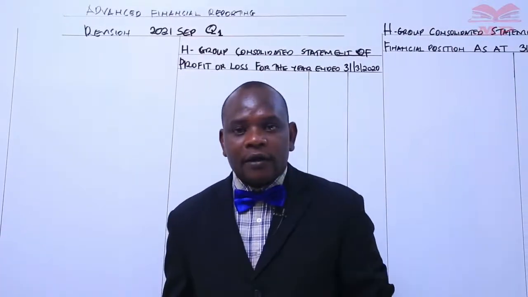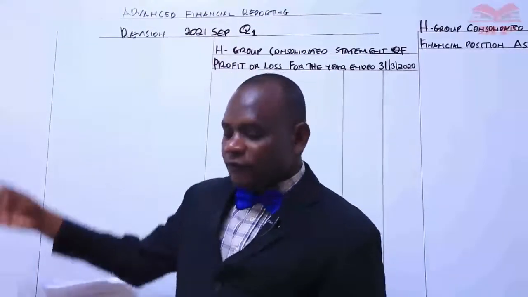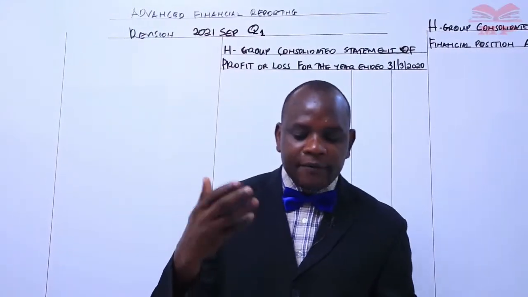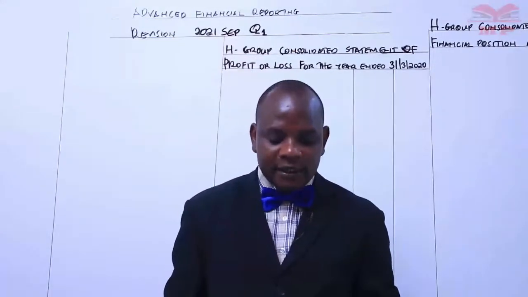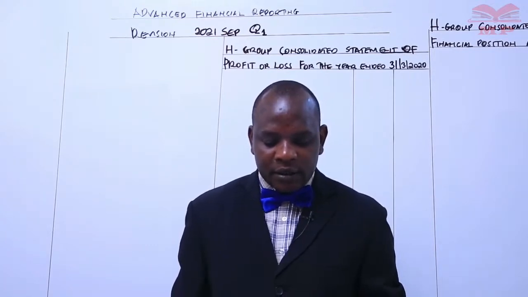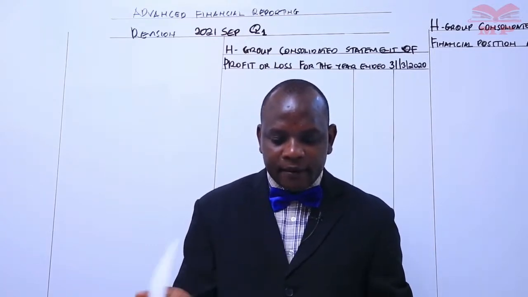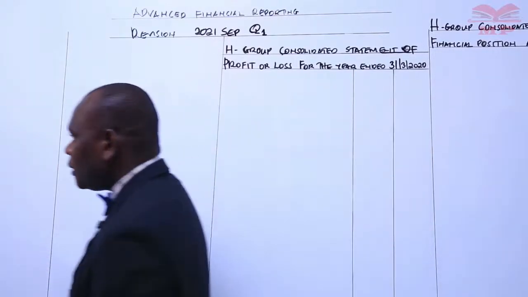So before you do all this, there are kind of workings that we have to go through to help you understand each and every information that has been outlined in the question. So let us start to deconstruct this question.